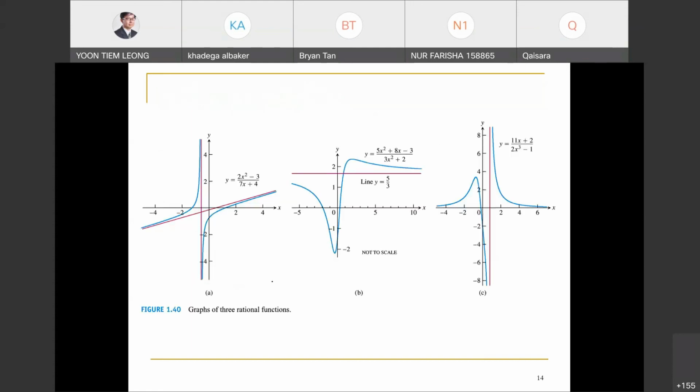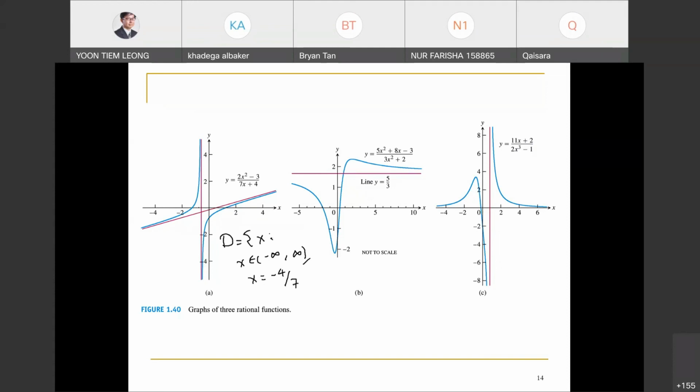Okay, so these are the examples, right? If you ask a very simple question, what is the domain of this function? The domain of this function is the set of all x, where x is from minus infinity to infinity, but x cannot be equal to minus 4 over 7.